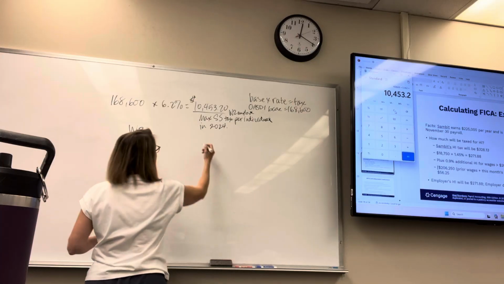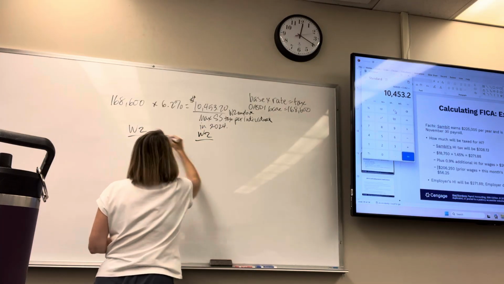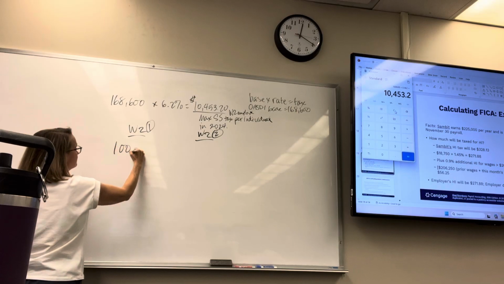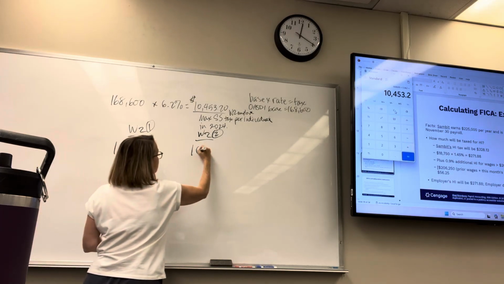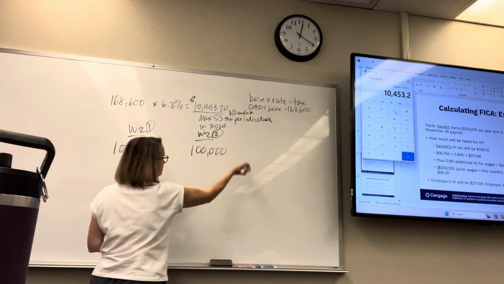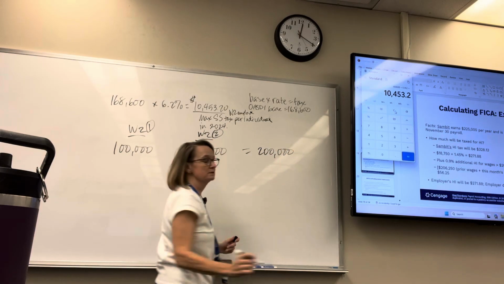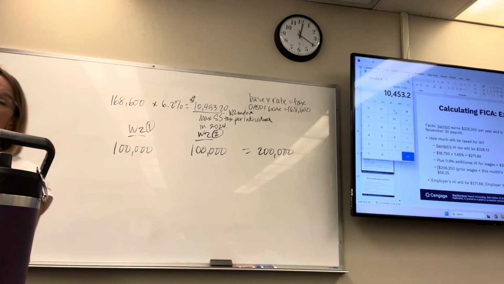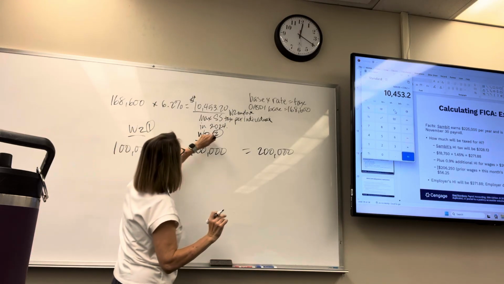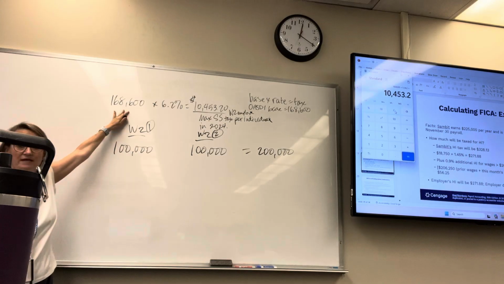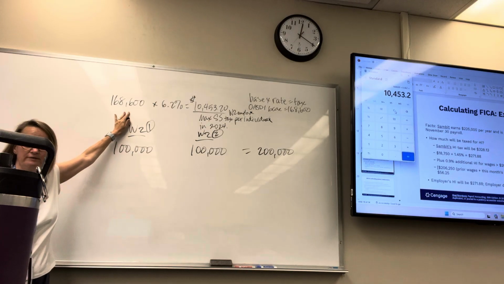Okay, so 2 W-2 jobs, job 1, job 2. You have $100,000 here of income, $100,000 here. So a total of $200,000 of earned income during the year. Well, the maximum that you'll be taxed on is $168,600. That's the maximum you have to pay tax on.